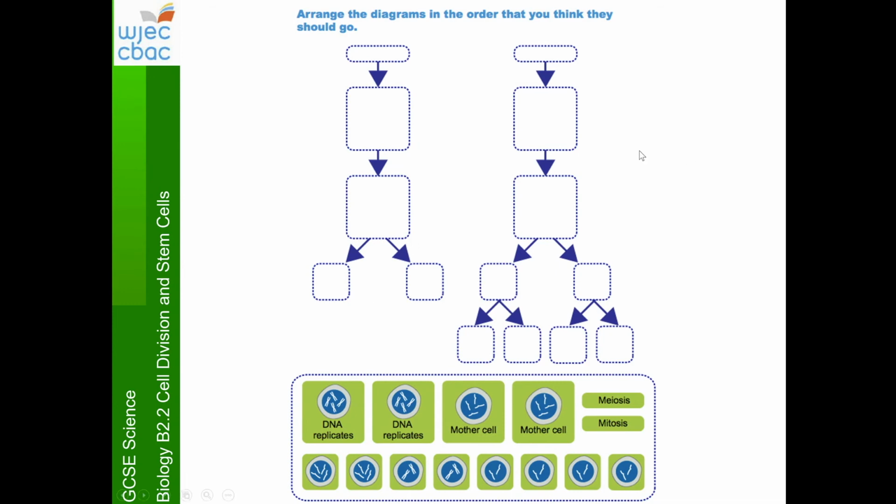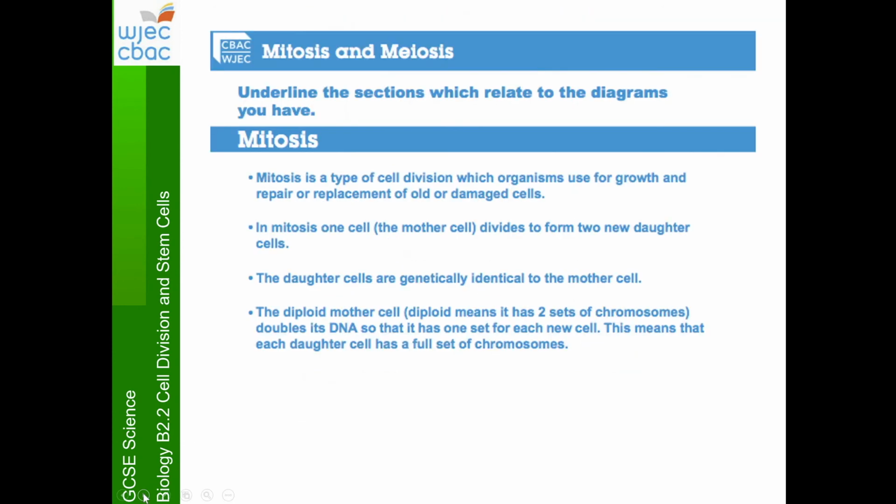And one has 2 lots of divisions and 4 daughter cells. Be very careful when you look at these daughter cells at the bottom here, because some of them have got different numbers of chromosomes. Obviously, the mother cell is going to be the same at the start of each of them, but one process is mitosis and one is meiosis.